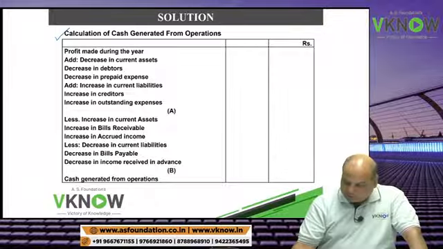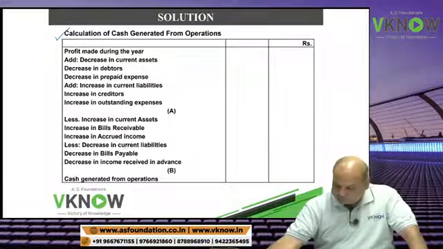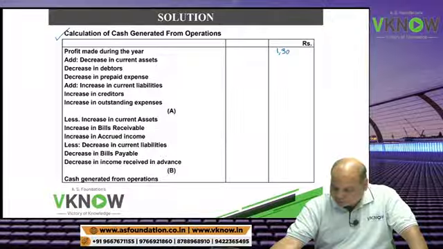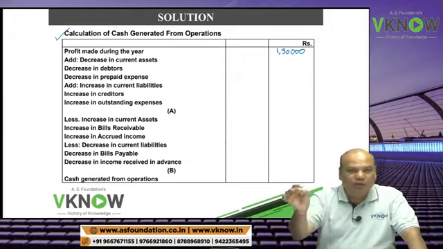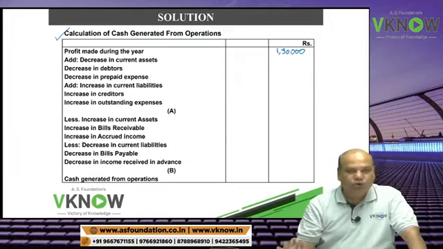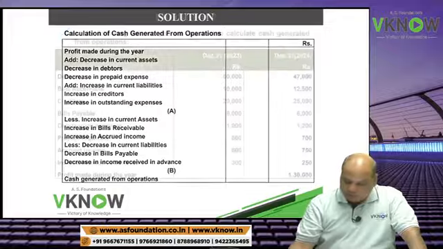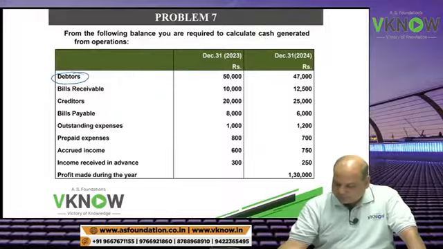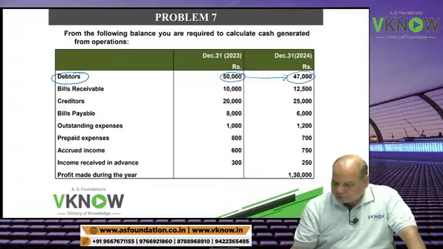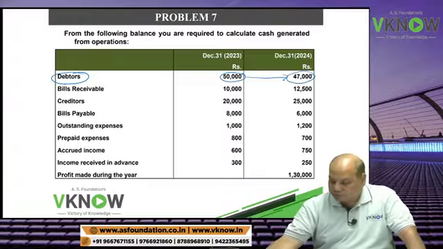First, we will start with profit made during the year. Please write down 1,30,000 in the outer column. Format is drawn in your book. Now I will go line by line in the question and you will help me. The question says the first item, debtors, from 50,000 has become 47,000.